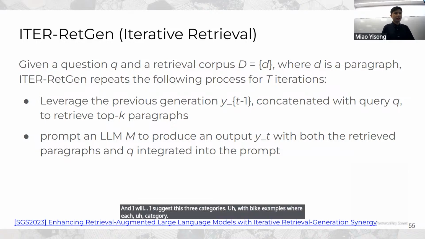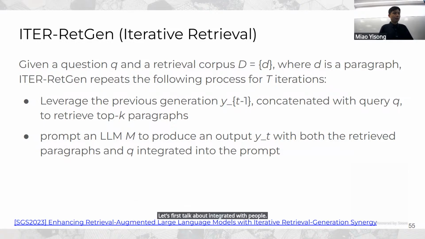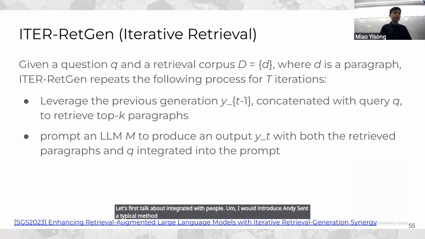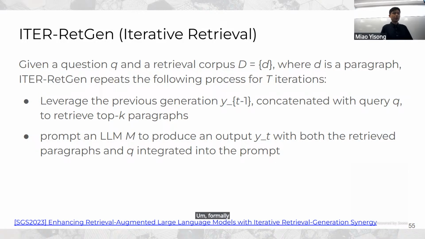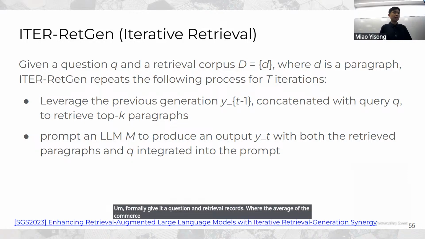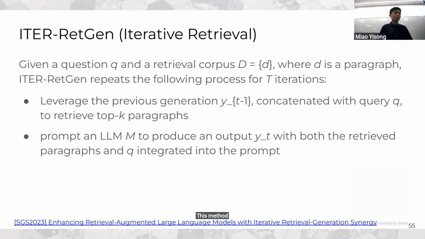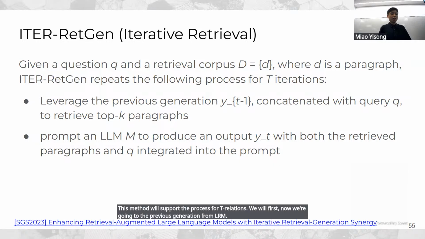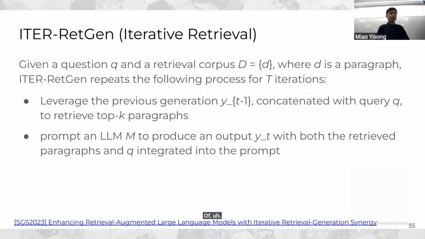Let's first talk about iterative retrieval. I will introduce a typical method for iterative retrieval generation here. Formally, given a question and a retrieval corpus where the elements of the corpus are paragraphs, this method will run the following process for T iterations. We will first leverage the previous generation from the LLM, called Y_{t-1}, concatenate it with the original query Q to retrieve the top 10 paragraphs.